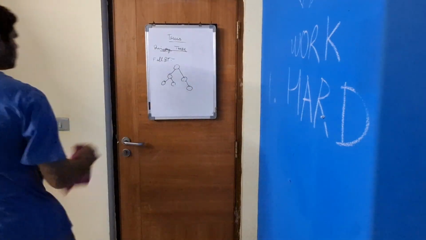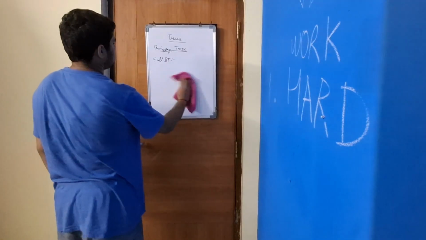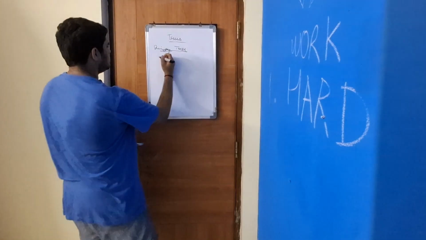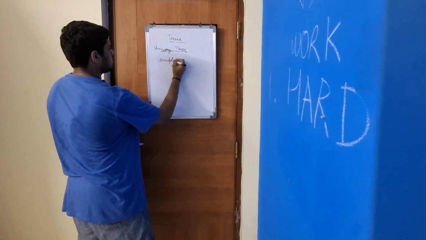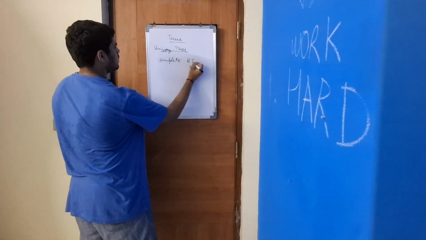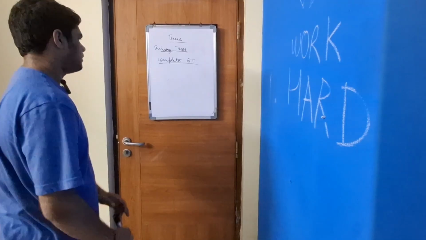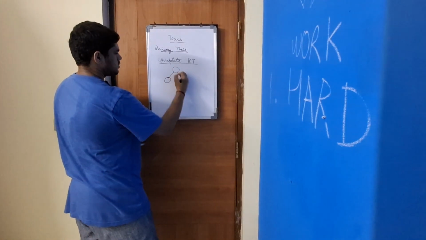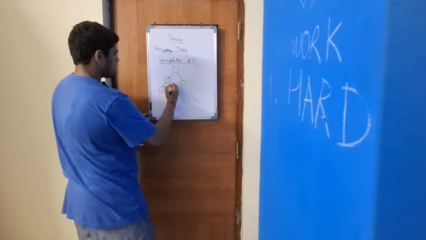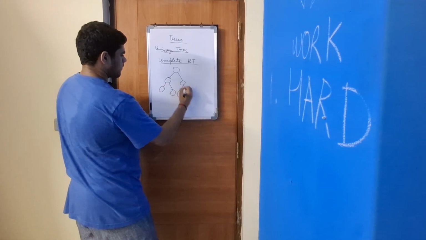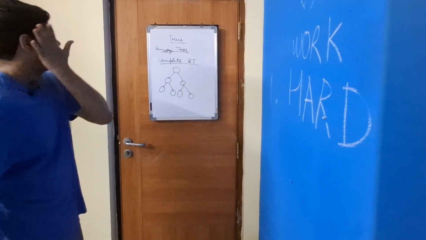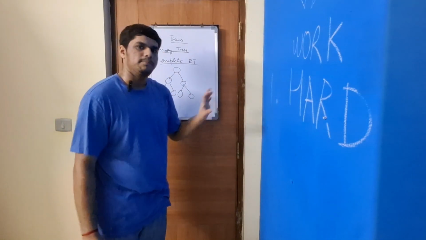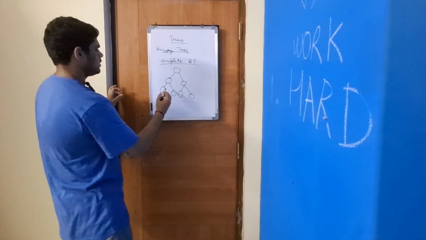And next up we have complete binary tree. Complete binary tree where, let me take a binary tree first. Okay, so this is a binary tree, and all the levels are complete here, which means it's maximum.